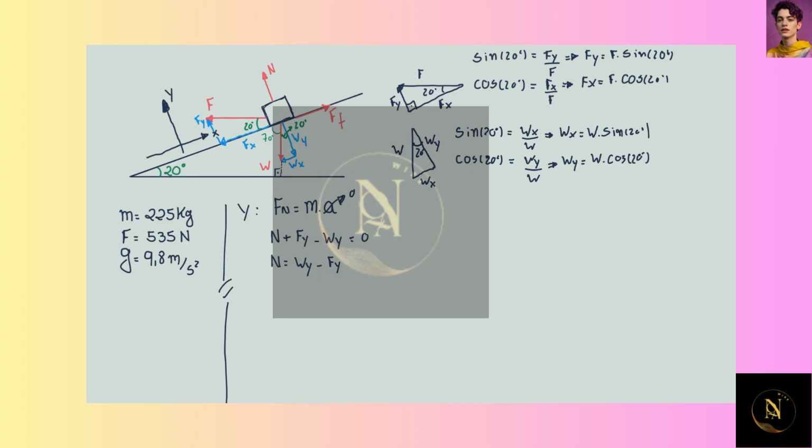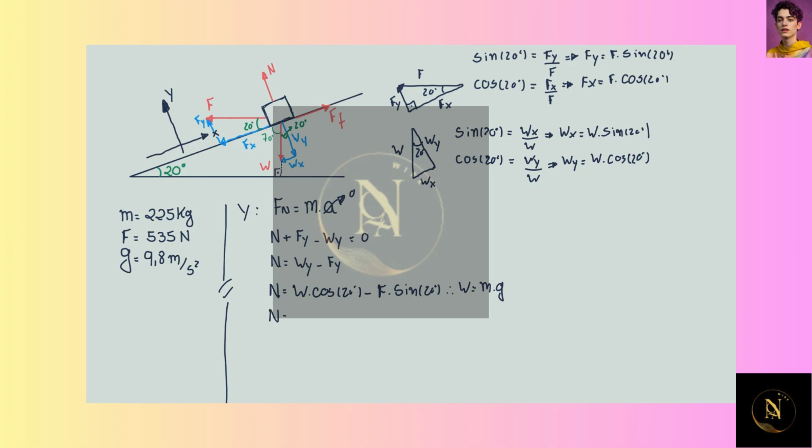Now we can go back to the normal force. Using this information, the normal force is weight times cosine of 20 degrees minus F times the sine of 20 degrees. And then we can remember that the weight is given by the mass times the acceleration of gravity.